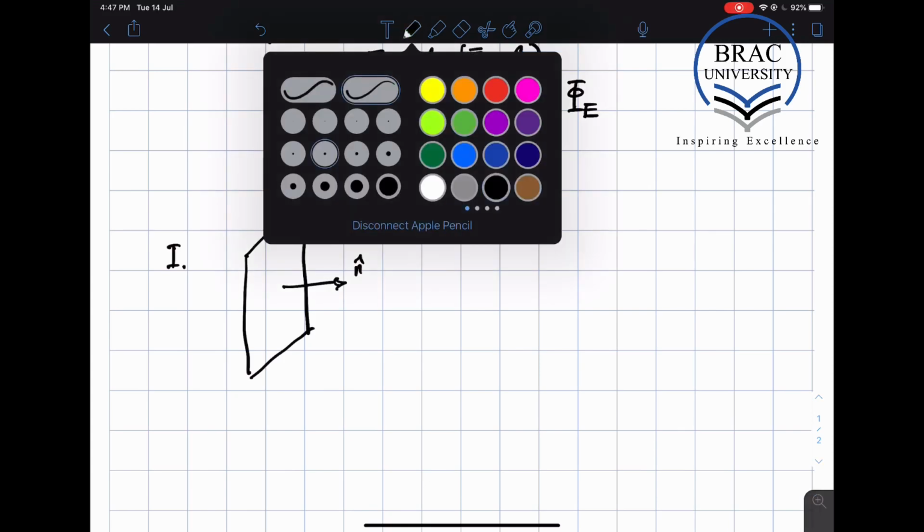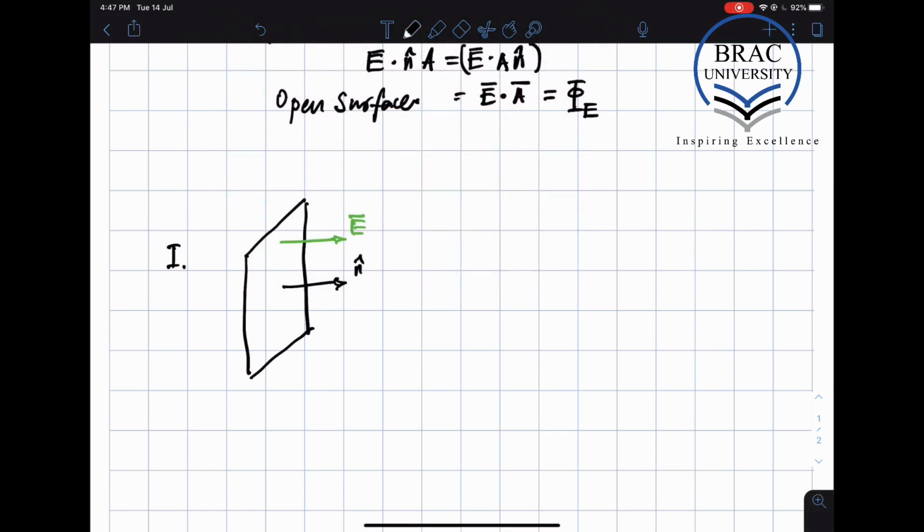The dot product between this uniform vector field and the area vector is E dot n A, but the angle between E and n is 0, so this dot product just gives me E times A. So this is the flux for the case when a uniform electric field is perpendicular to the surface.